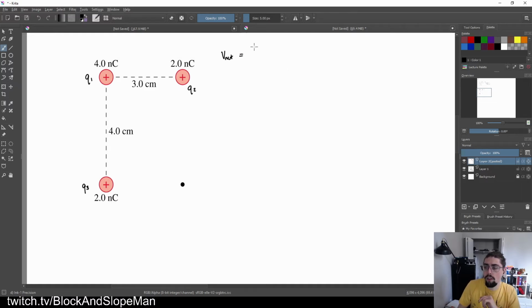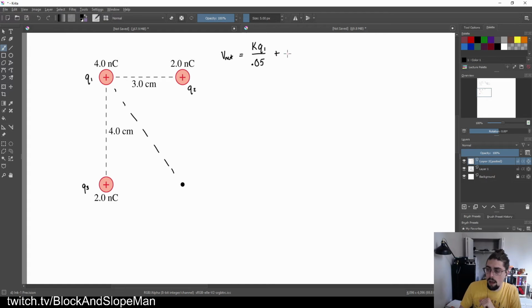So I would have K times Q1 divided by 0.05. It's 5 centimeters away, right? I've got a 3, 4, 5 triangle here. Pythagorean theorem will get you all the way there, but it's just a little shortcut. 3, 4, 5 triangles always have that relationship.